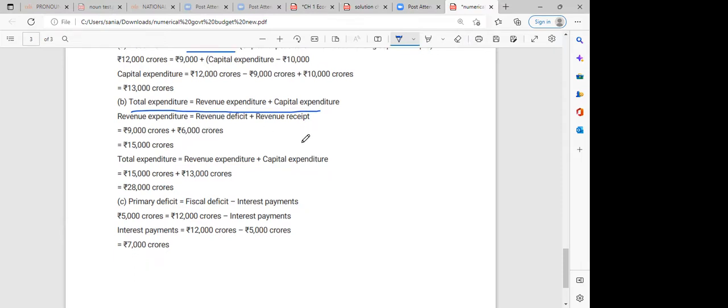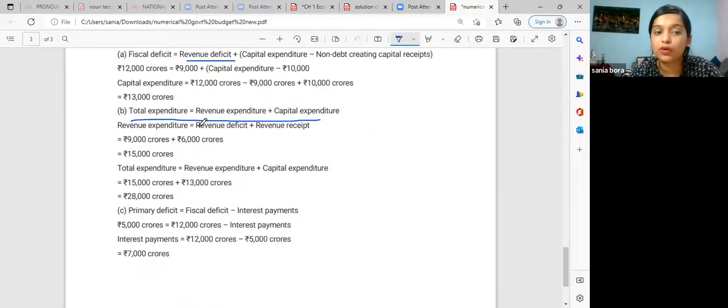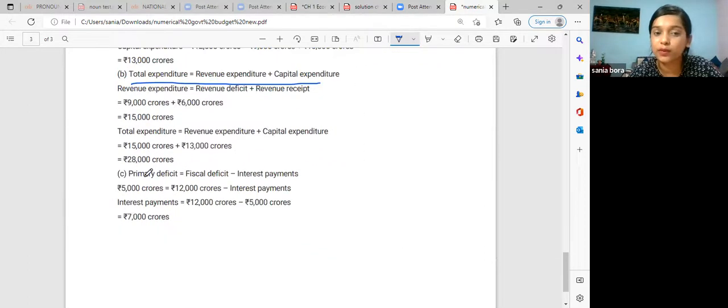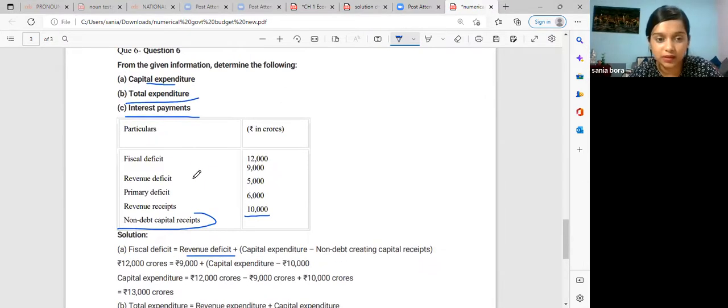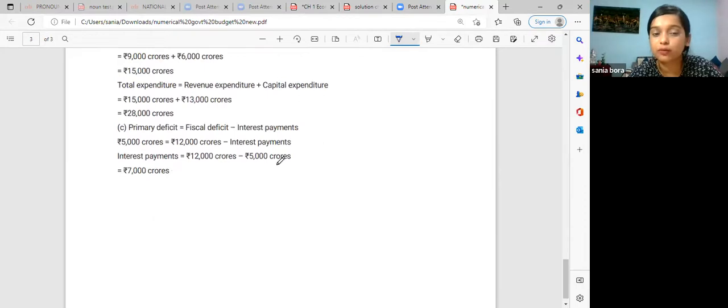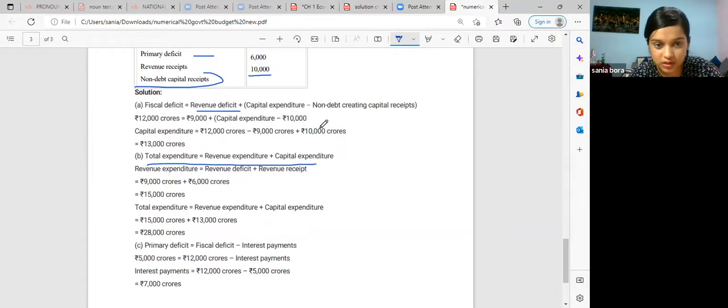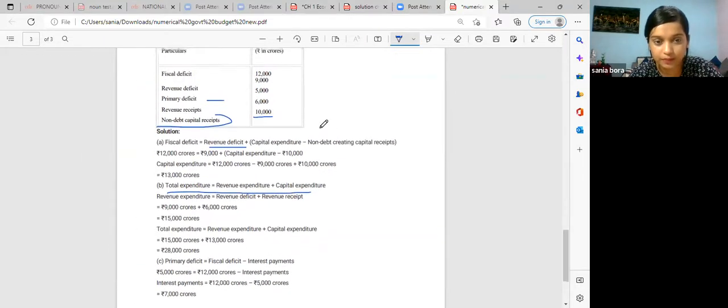And the last one was very easy, the interest payment. Primary deficit is given, and fiscal deficit is already given over here. You just have to put in the values and get the answer. Clear? Those who haven't done it, I'm sharing my screen, just solve it. Okay.